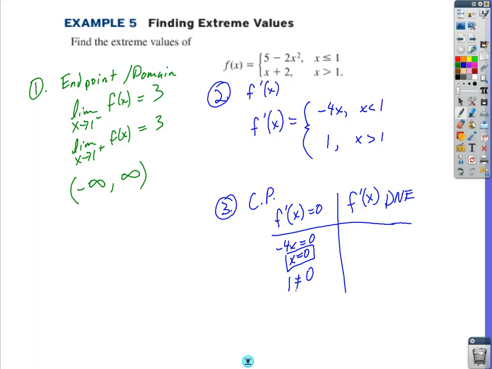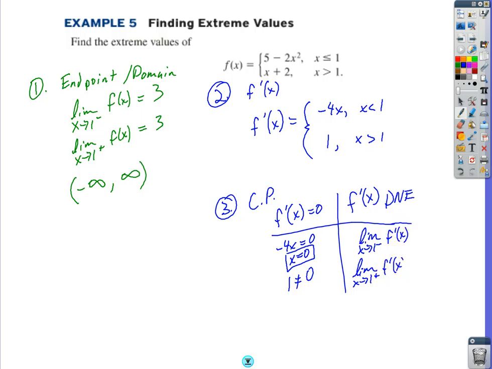So then the next one becomes, where does it not exist? So again, I look at here, well, this part, there's nothing that'll make the world blow up on this one, no matter what I plug in. Same thing for the 1. No matter what I plug in, it will always be 1. So there's no issues there. The only issue then becomes what's happening at 1. So that means, again, checking the limit as x approaches 1 from the left, and the limit as x approaches 1 from the right of f prime of x this time.